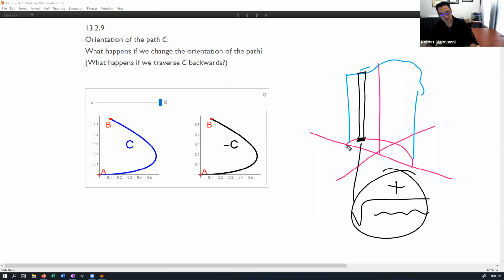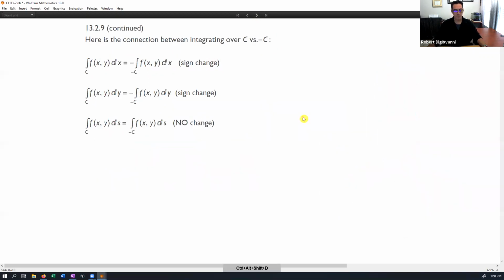However, if you imagine that black piece projected over onto this plane here, and think about that rectangle up here, then it does matter if we're moving in this direction versus this direction. This change in X is either going to be positive or negative, depending on which way we go. So the conclusion is this: here's the connection between integrating over C versus negative C, the reverse path.